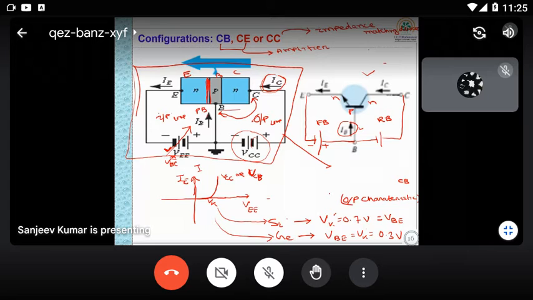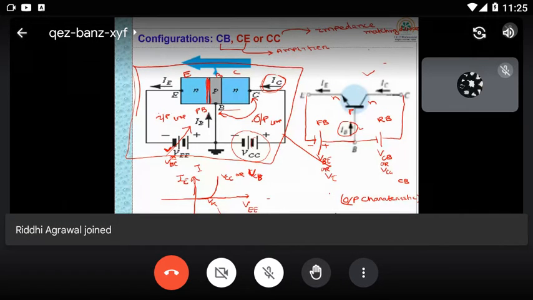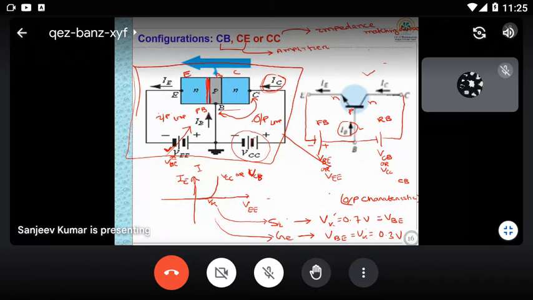Now based upon that, I can write this is VBE or I can write VEE. Here also I can write VCB or VCC or VEE. Okay, so now this is your input loop.